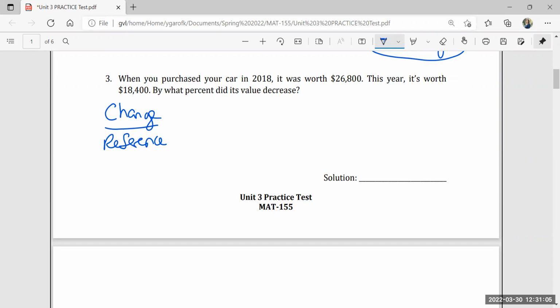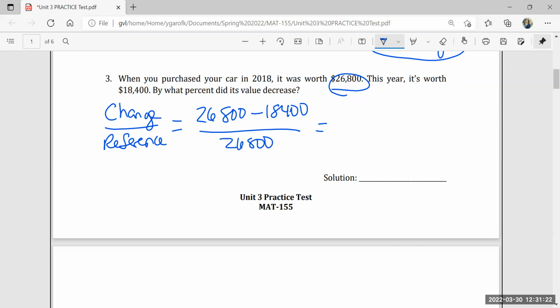Generally here, our reference is our purchase price. So what it started with is going to be our reference. So it changed by 26,800 minus 18,400 over our reference, which is 26,800. And we can enter this in our calculator carefully all at once.